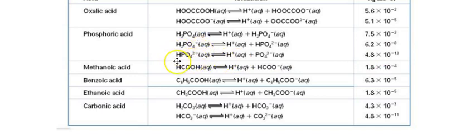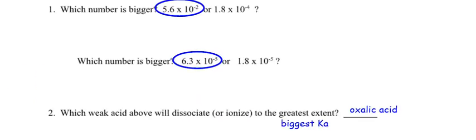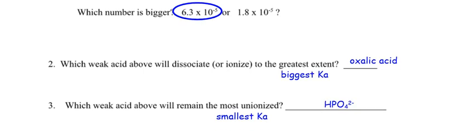Your reactant is HPO4 2 minus, and that is going to be the weakest acid. Why? Because it remains the most unionized. If I put this hydrogen phosphate, that's what HPO4 is, into water, it's going to mostly stay as hydrogen phosphate. It's going to make very little phosphate ions and H pluses.